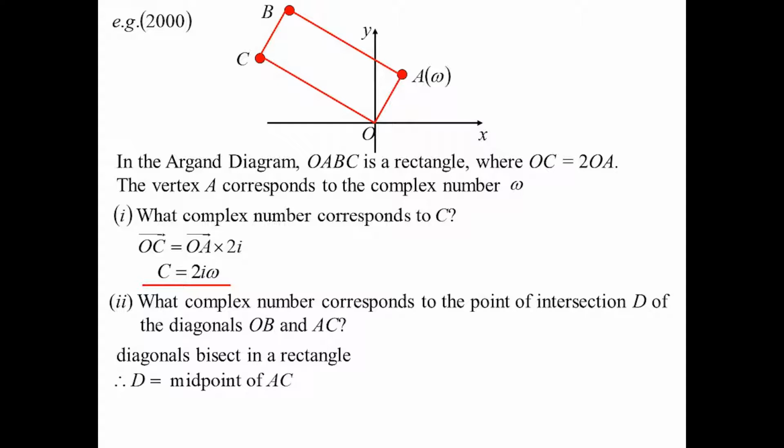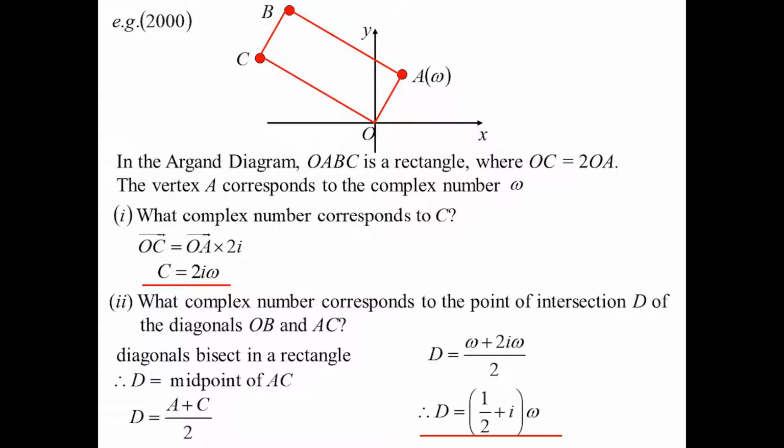But I now have an expression for both A and C, so it's actually going to be quicker to work out that midpoint. I don't have to work out the third point. So I'm not using the vectors this time. I'm saying it's the midpoint of A and C. So A is omega. C we just worked out was 2i omega. All of that divided by 2. So D is the point a half plus i omega.